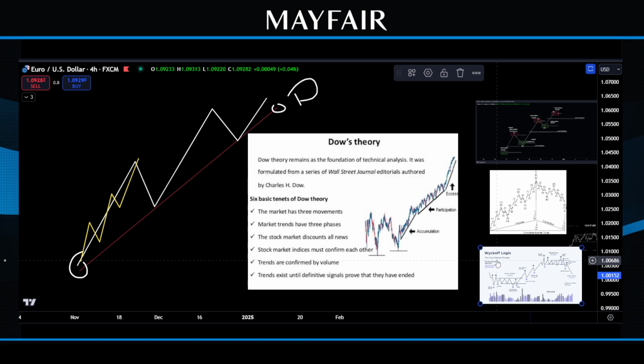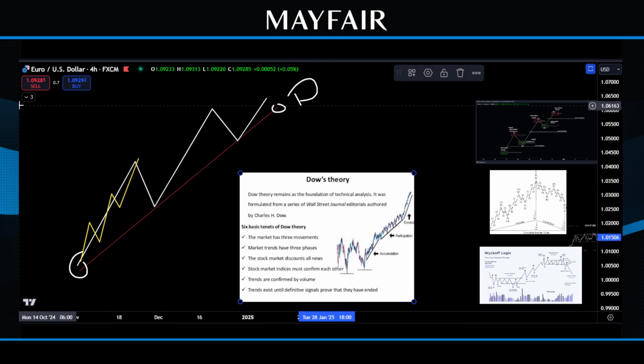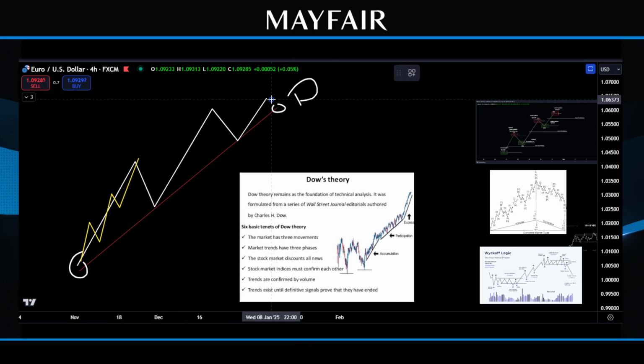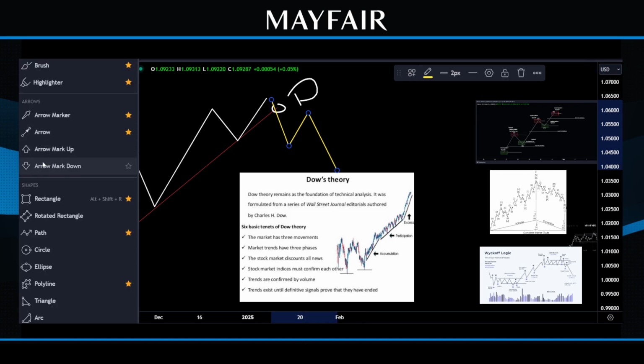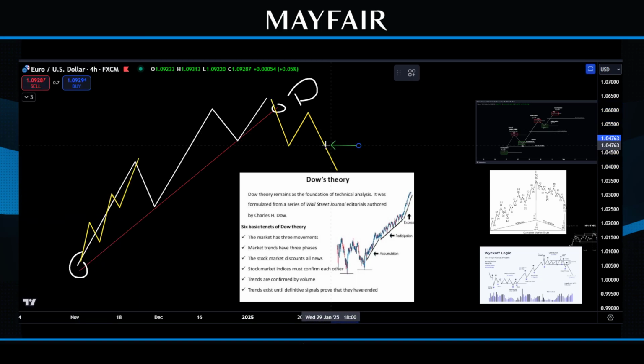And then the last thing is the trend is the trend until the end. Now, with the first image that I shared, when the market finishes, you tend to have an aggressive drop down, then a pullback, then you have the breaker structure. The breaker structure, in essence, is this move here.